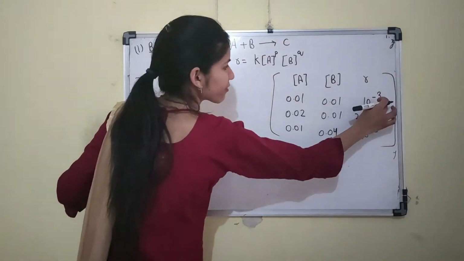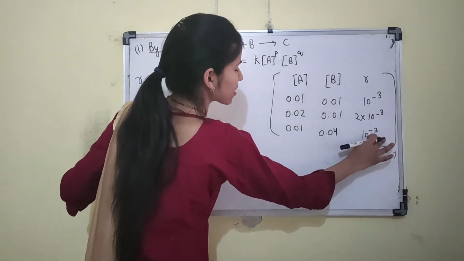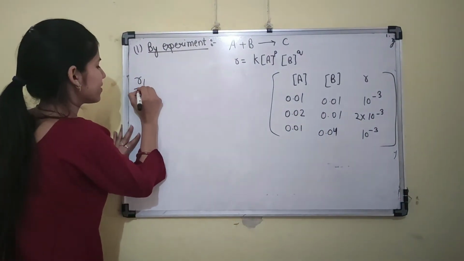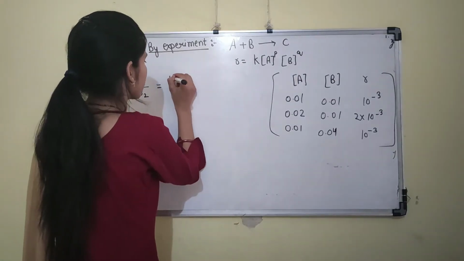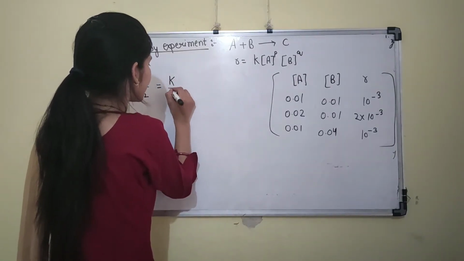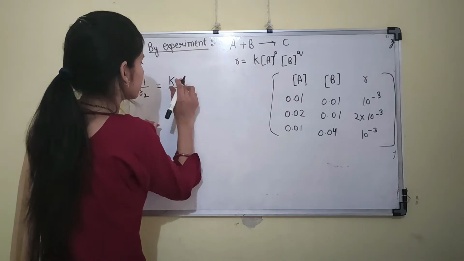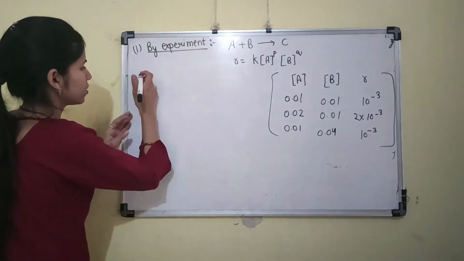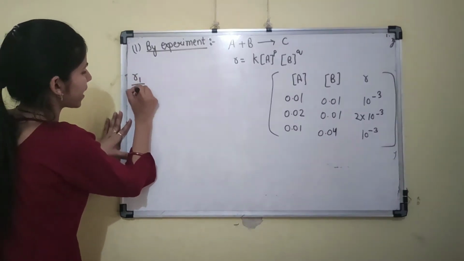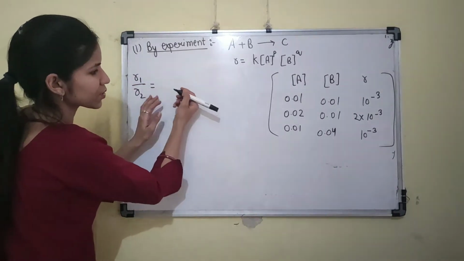This is R1, this is R2 and this is R3. So R1 divided by R2 will be equal to K divided by K.